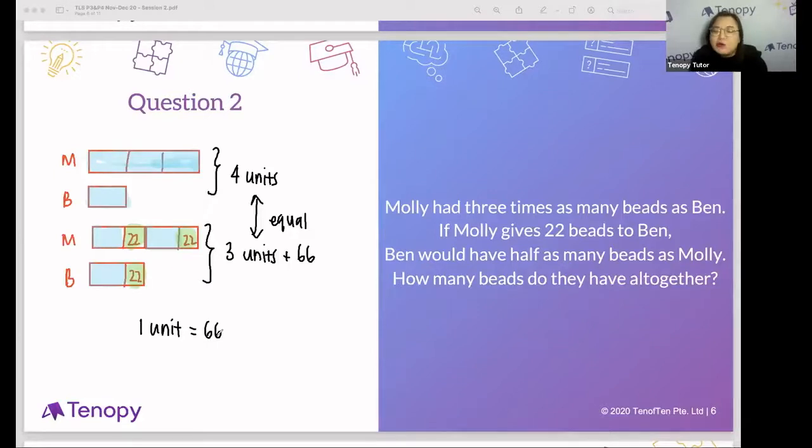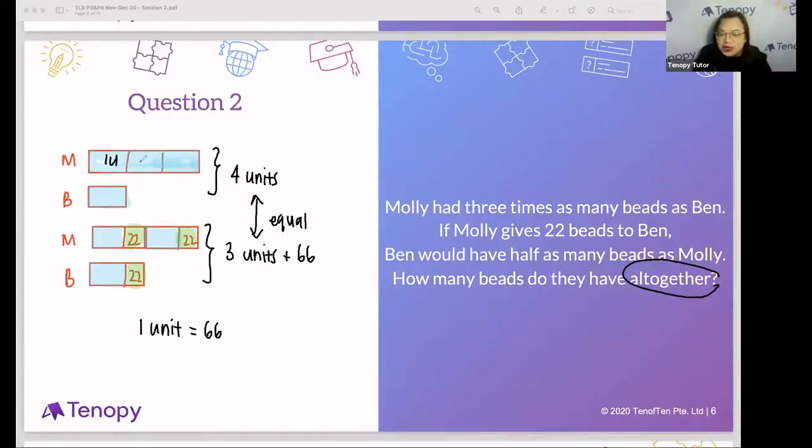Now, the question asked, how many beads do they have all together? What should I find if they want to find all together? All together means how many units should I look out for? All together, keywords. You can either use the before or after, up to you. For me, I will use the before because I found the value for 1 unit.